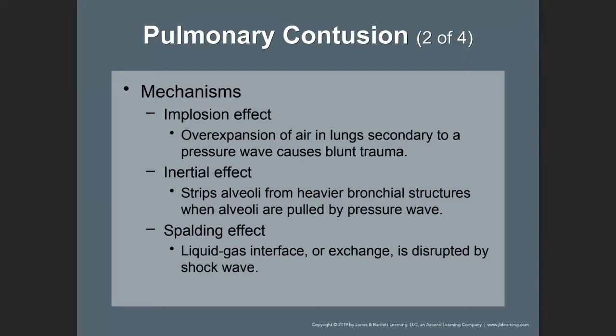Mechanisms for pulmonary contusion include: implosion effect, overexpansion of air in the lungs secondary to a pressure wave caused by blunt trauma; inertial effect, which strips alveoli from heavier bronchial structures when alveoli are pulled by the pressure wave; and Spalding effect, where the liquid-gas interface or exchange is disrupted by the shock wave.